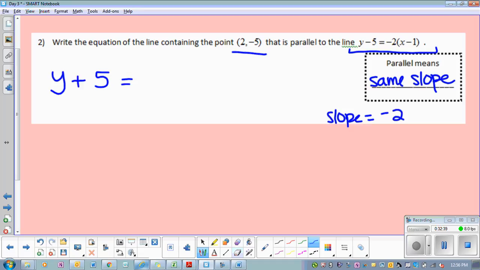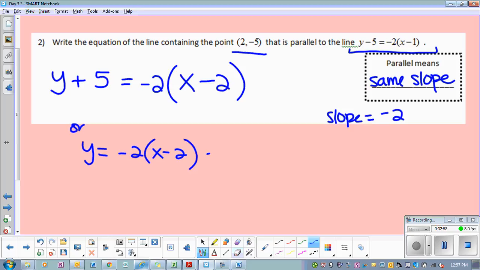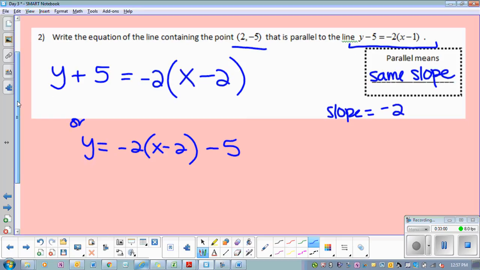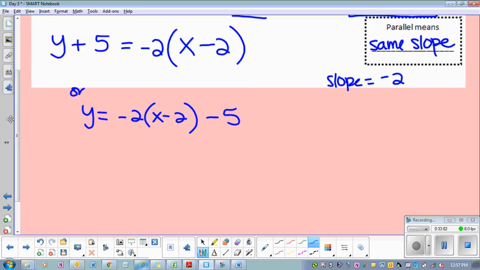Equals -2 x minus, what's the x number that they gave me? 2. Okay, so there you go. You can be done here, or you could write it as y equals, and then just move that 5. Right?